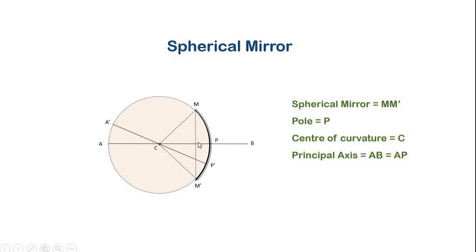AB or AP is the principal axis. A prime P prime is the secondary axis, and CP is the radius of curvature, that is denoted by small r.